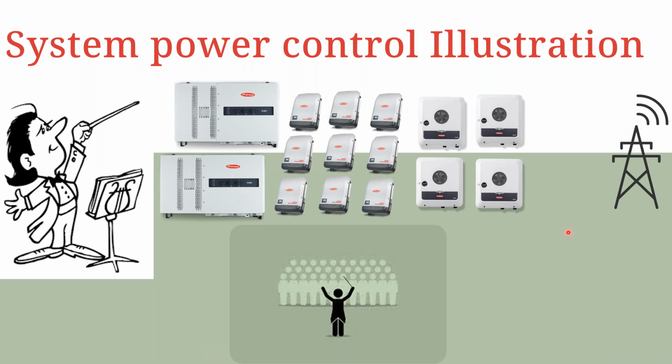That is basically what is going to be implemented using the system power control. Therefore, we need a master, more or less a choir master, which in this case is going to be a pilot device. It could be a Gen 24 Plus, a Gen 24 or a Tauro inverter, as we're going to see in different scenarios in subsequent slides.